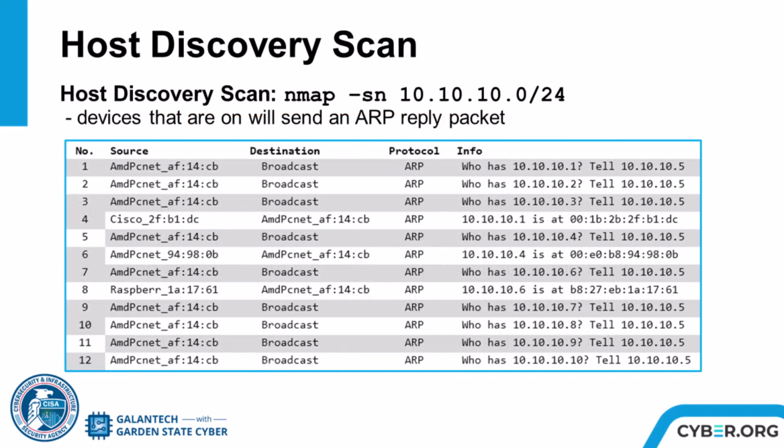We can see exactly how nmap works by examining a Wireshark capture of the packet activity. The sender is 10.10.10.5 and is scanning the network by sending ARP request packets to every IP address in the 10.10.10.0/24 network.